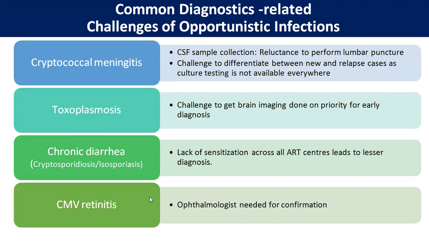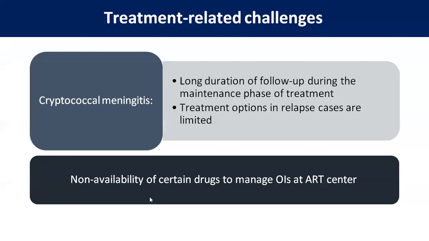Toxoplasmosis: again, brain imaging has to be done, and subject them for LP, wherein CSF analysis has to be done. And with early diagnosis, all these opportunistic infections diagnosed early and treated early will give a different prognostic picture. Now, chronic diarrhea, as I said, CMV retinitis.